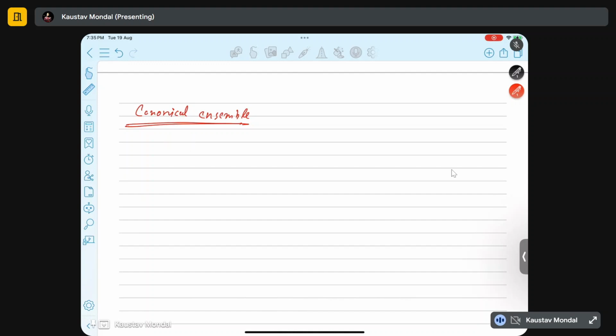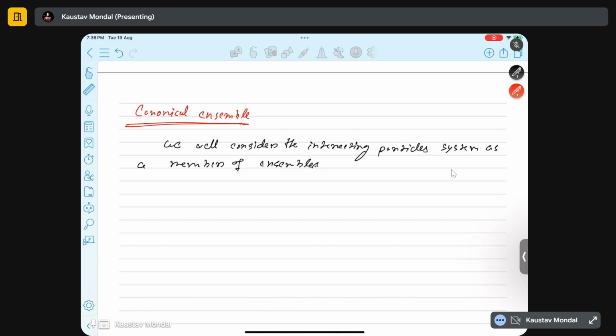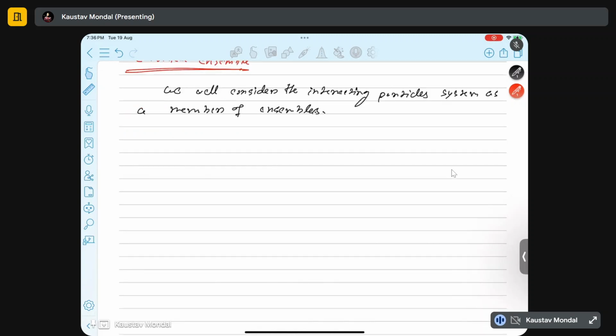Members of the ensemble means we will replicate that whole system into different members, so that different instantaneous energies of the system can occur.